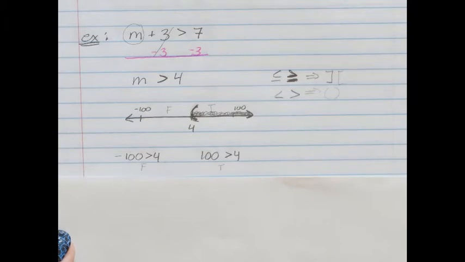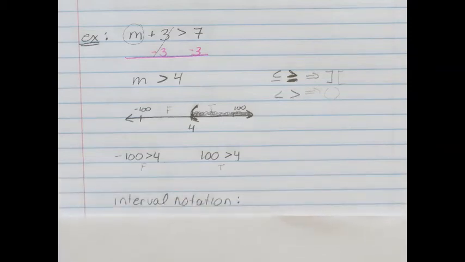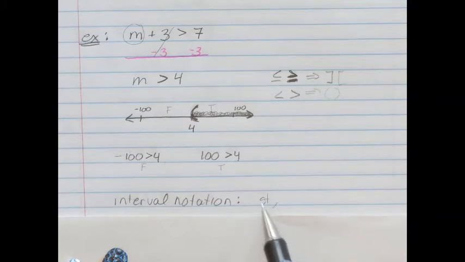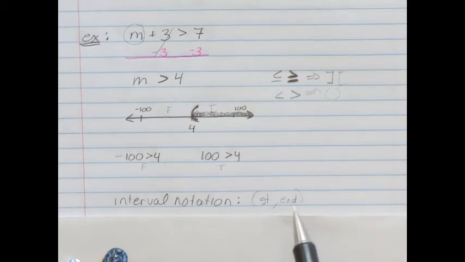Now that you have your graph already filled out, and it is correct, we need to do what's called interval notation. Interval notation means where do we start at for our shading and where do we end at for our shading. Now I'm just putting parentheses just to show you, but those parentheses can change depending upon our problem.